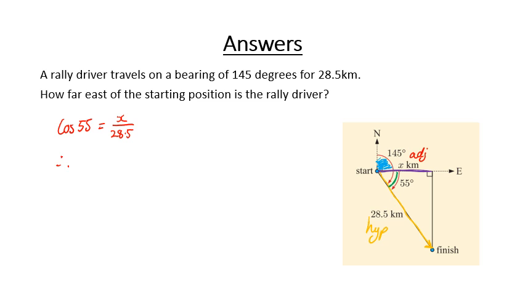Therefore, x must equal 28.5 times the cosine of 55. We can use our calculator to work that out, and that'll give us an answer of approximately 16.35 kilometers east.